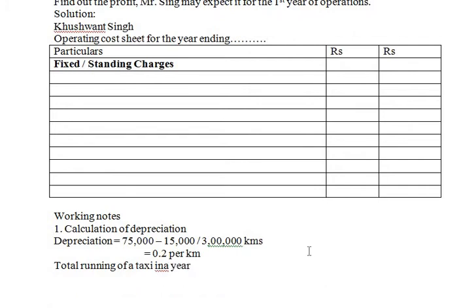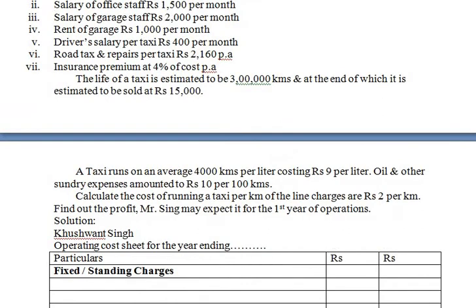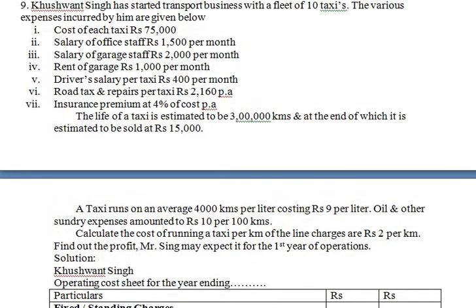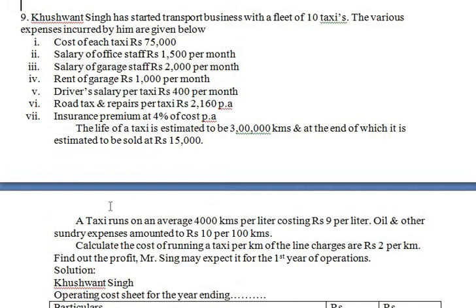Now next line, go through the problem. Now there are 10 taxis, right? Just check how many kilometers the taxi has run. They have given a word: the taxi runs on an average 4,000 kilometers per liter, costing rupees 9 per liter.